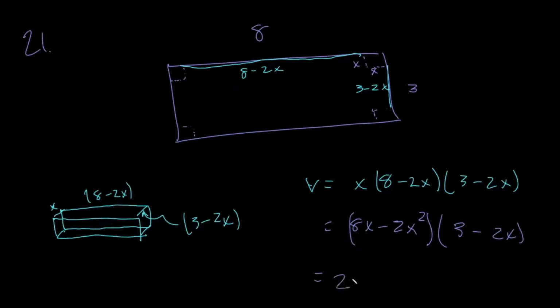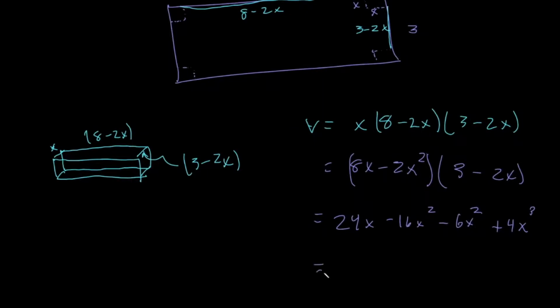So I get 24x, that's first, outside, minus 16x squared, inside, minus 6x squared, and last is plus 4x cubed. I'm just going to rearrange this. I get 4x cubed minus 22x squared plus 24x.